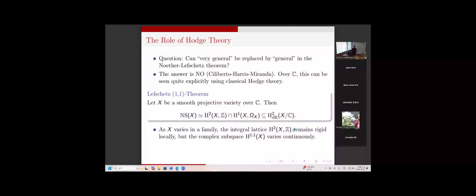All right. Now, as your variety varies in a family, the integral lattice given by Betti cohomology remains rigid, analytic locally, and it is just given by parallel transport. But the complex subspace given by H^{1,1} varies continuously.